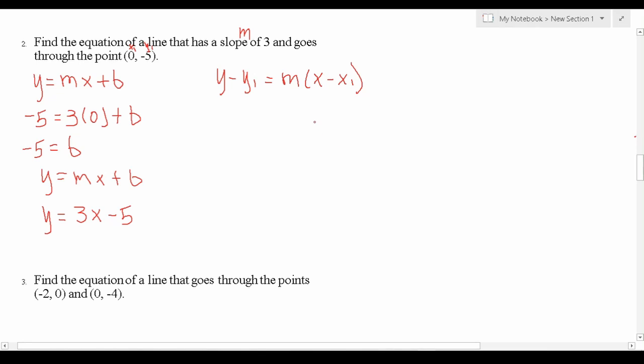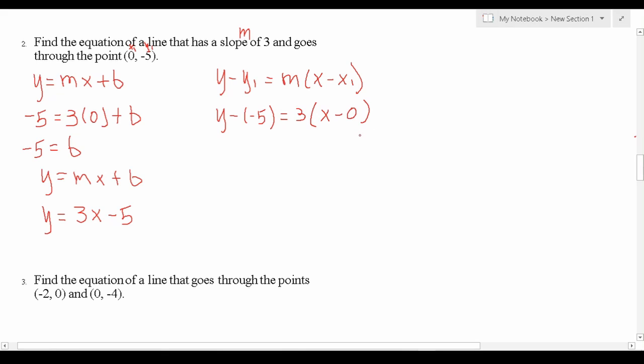We've already identified everything, so all we have to do is plug things in and solve for y algebraically. So we have y minus y1, which is negative 5, so let's plug that in. M is 3, that was given in the problem. X minus x1 is 0.